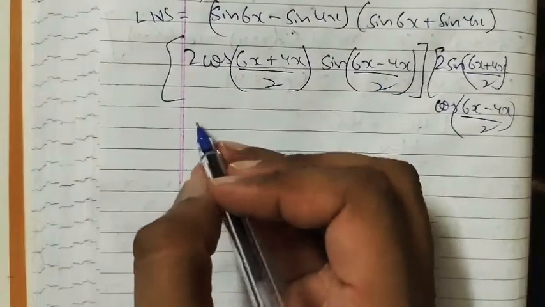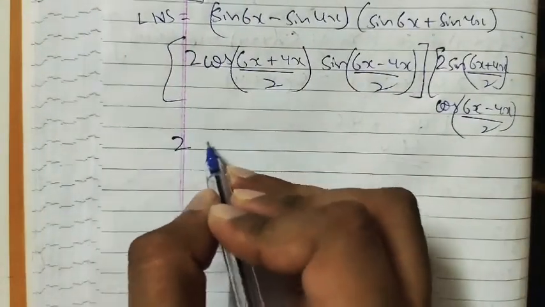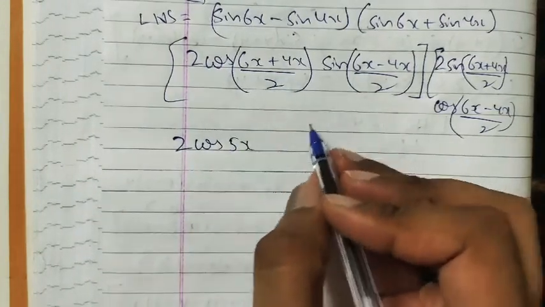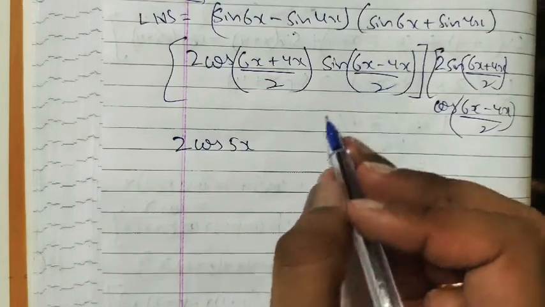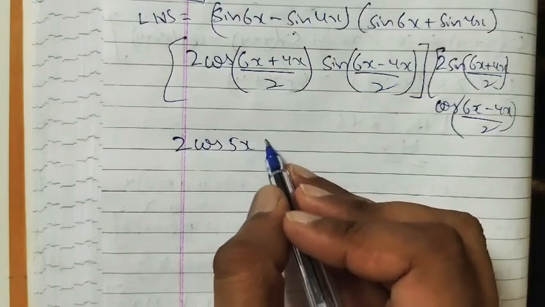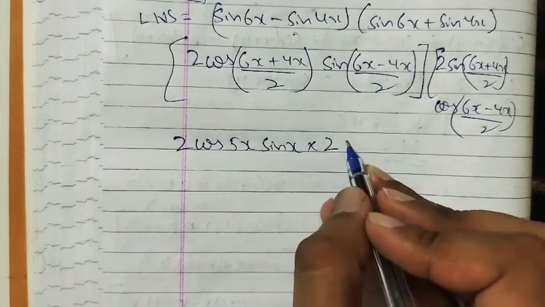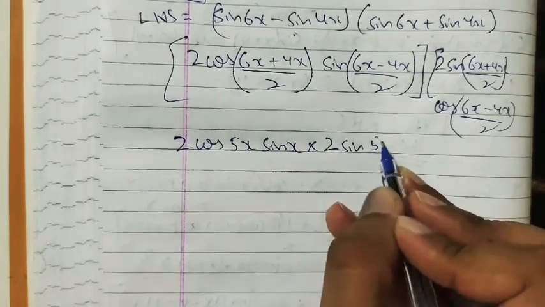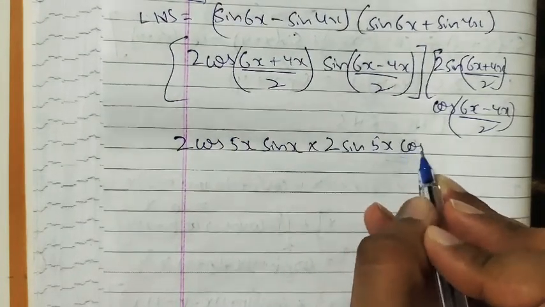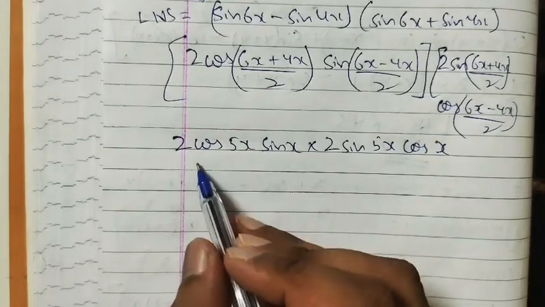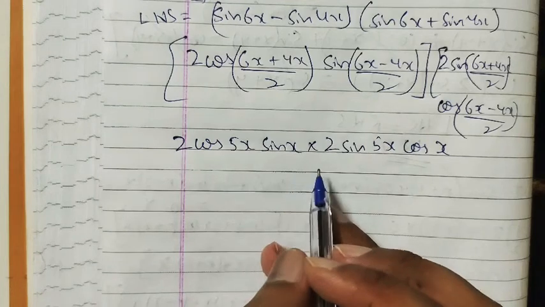So now 2 cos 10x upon 2 is 5x, sin 6 minus 4 is 2x, 2x upon 2 is sin x, multiply by 2 sin 5x cos x, right? So 2 sin 5x sin x.